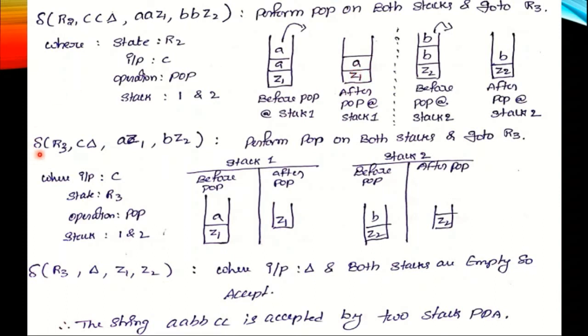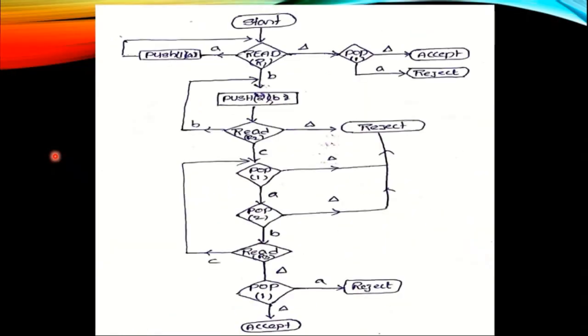Then we go to the next state R3. The remaining input is C, and the remaining symbols in stack 1 are A Z1 and in stack 2 are B Z2. That's why we mention A Z1, B Z2. As per our PDA, when reading the input symbol C from R3, the input is C and the state is R3.